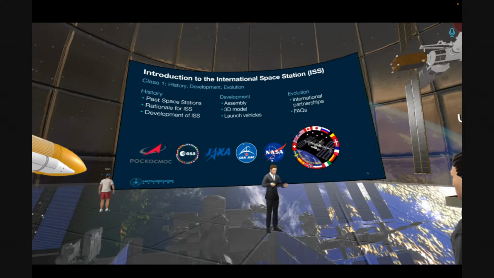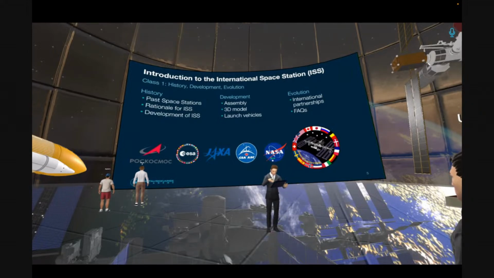That's number one. Number two, we'll talk about the development of the space station, how it was assembled. We'll look at some 3D models of it, including the one that's under the floor, and the launch vehicles that were used to build it, which include the ones that are flying around us here. We've got one over there, and there's a Proton rocket somewhere.